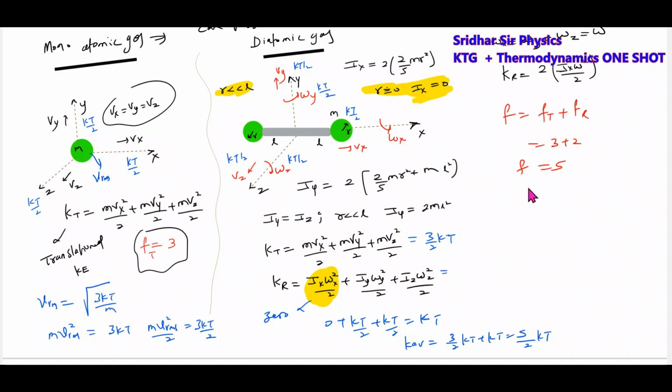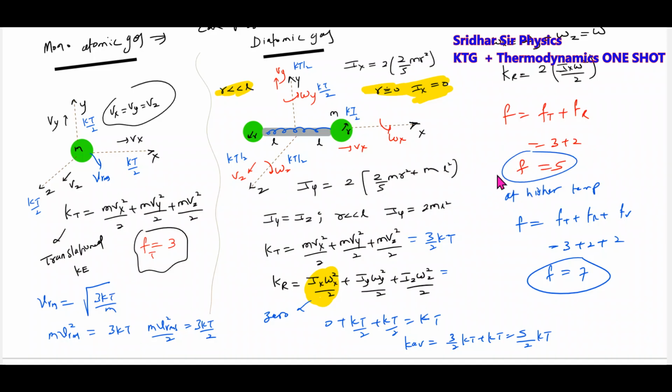Then at higher temperature, degrees of freedom will add up due to translational, rotational and vibrational. 3 plus 2 plus 2 due to vibration. This will be like a spring system, so due to the spring it will have elastic potential and will oscillate about the center of mass. So 2 more degrees of freedom you can add. This is at higher temperature. At normal temperature, it will have 5 degrees of freedom.